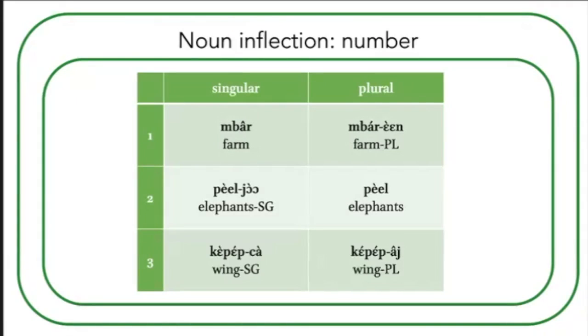Or you could have nouns that are both marked in the singular and the plural, like the word for wing, kepepcha. So I'm calling these three categories, following Corneli, naturally singular for the first one, naturally plural, and numberless, but there are other ways of calling these.